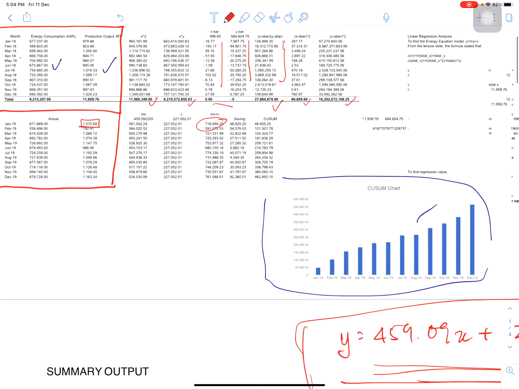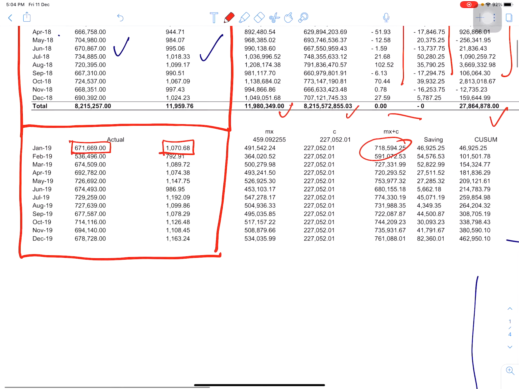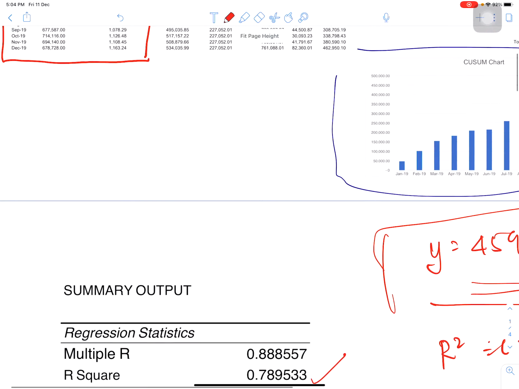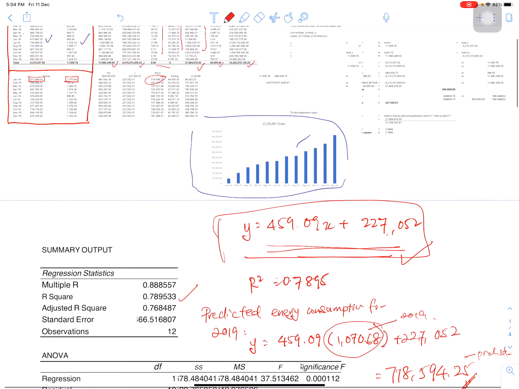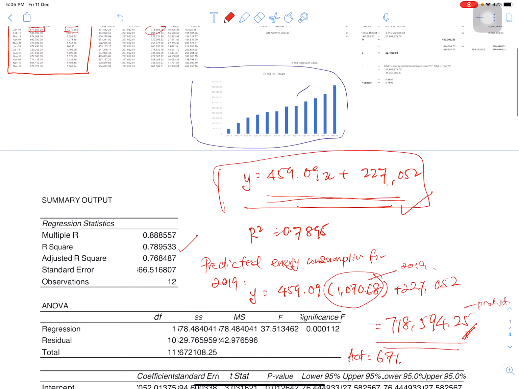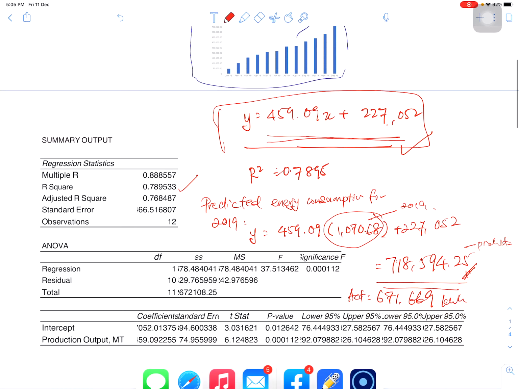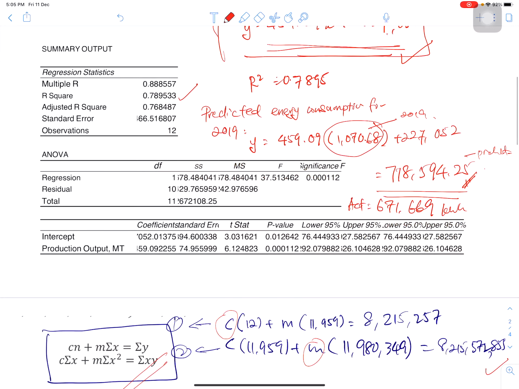We look at the table here. The actual energy consumption for 2019 is here, 671,669 kilowatt hour.